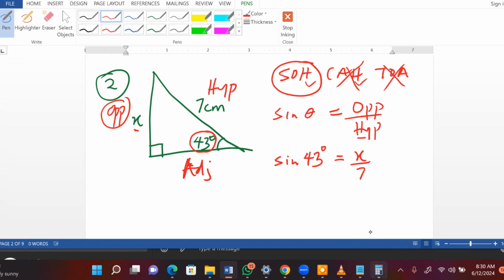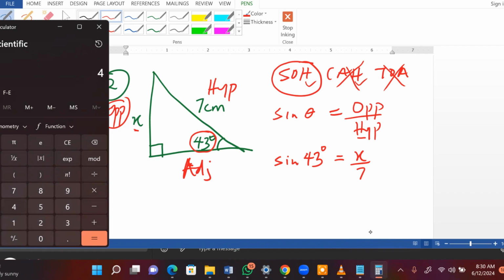So the same thing, we go back to the calculator, press 43 and press sine. That gives us 0.68168199. So we're going to approximate.